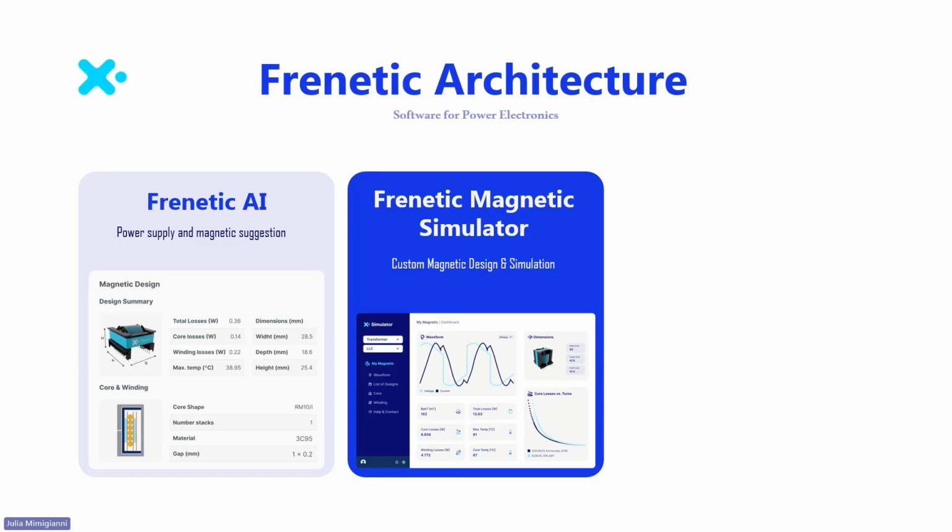So you can validate and customize your magnetic part. You can design and simulate your transformer, your inductor, play around with cores, windings. Basically, you have control over all the parameters and can play around. And you can have a magnetic part in a few minutes.